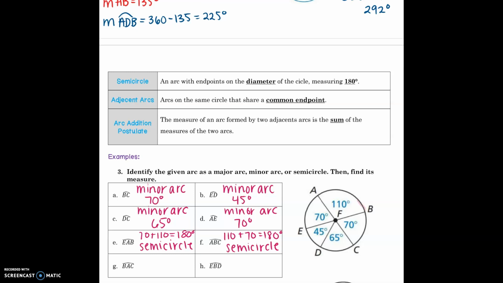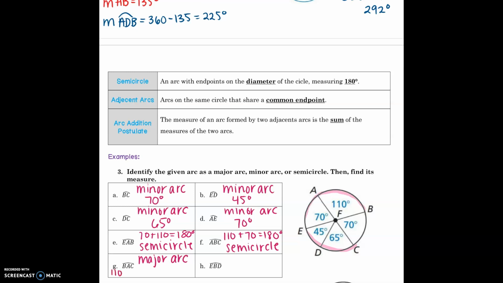Next we have BAC, so we start at B, go through A, and land at C. This is going to be a major arc because it is greater than 180 degrees. It's bigger than a semicircle. And again, we're going to use the angle addition postulate. We're going to add up all of the minor arcs that make up the major arc.